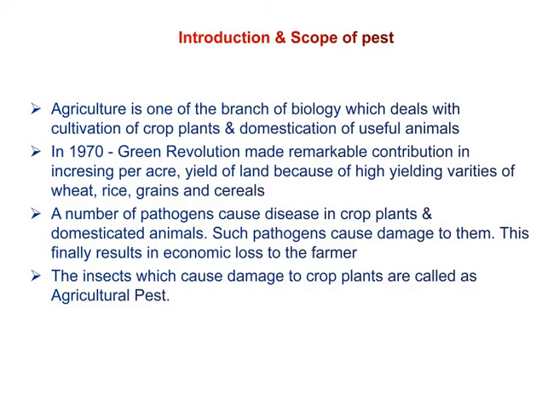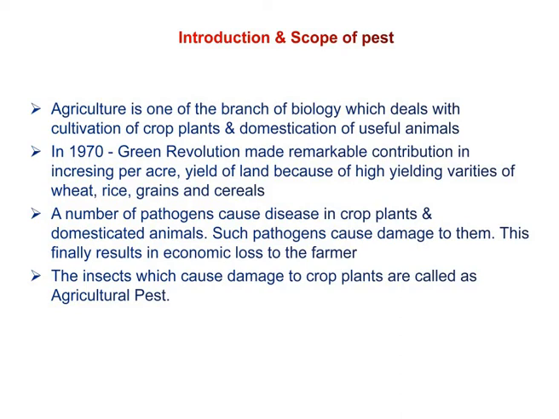Of all the demands of man, food is of prime importance, and because of the population pressure, the task of increased food production is on our nation's priority. In the 1970s, the so-called green revolution made a remarkable contribution in increasing per acre yield of land because of high yielding varieties of wheat, rice, maize, grains and cereals.